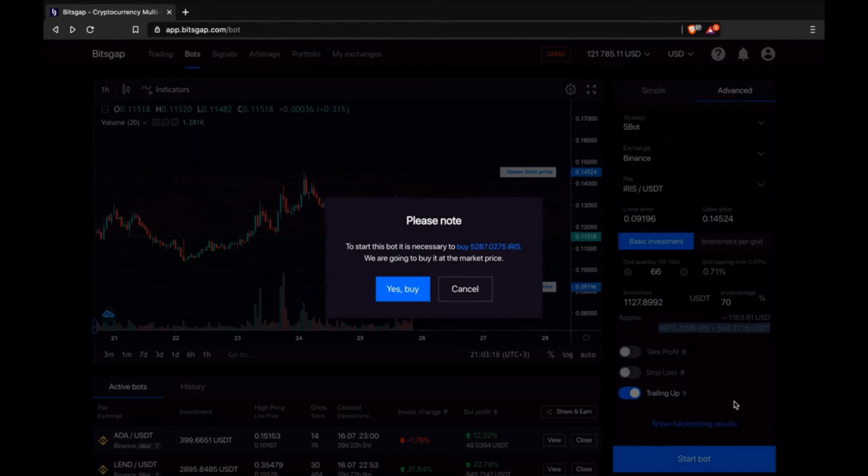Notice that as you don't have IRIS on your balance, which is the base currency in this trade, this system can buy it for you with a market buy order. The algorithm automatically buys a bit more than required, so you see that it is gonna buy 5,287 IRIS, whereas in the configuration that we have, we are only required to have 4,970.